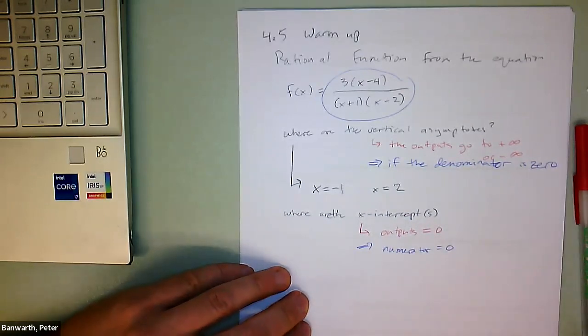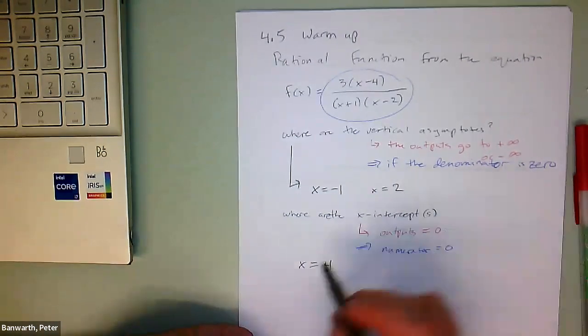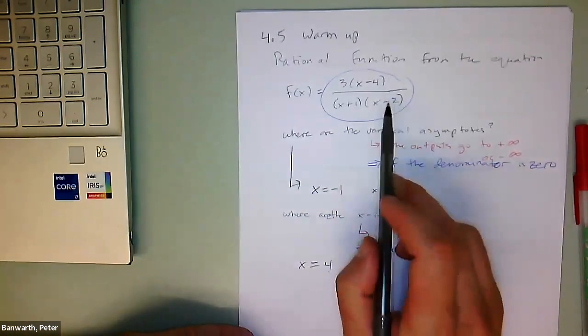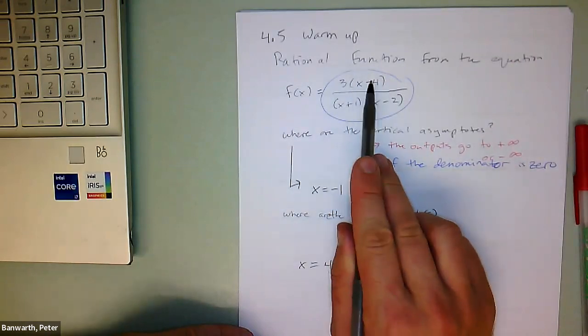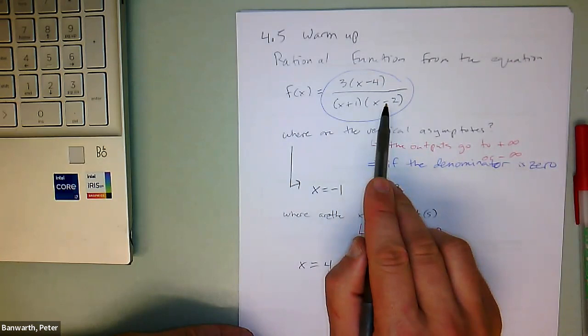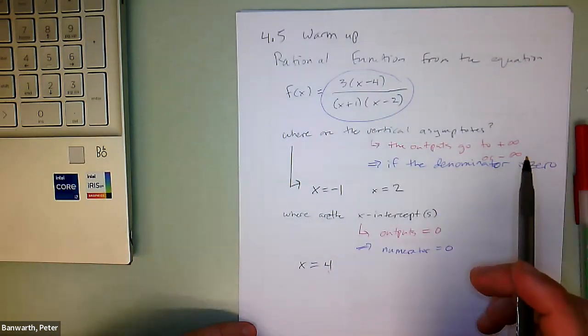And so in this case, you have one x-intercept and it's when x equals 4, because if x equals 4, then this top term is 0. You have 3 times 0 divided by some things. Anything times 0 is 0. Okay.